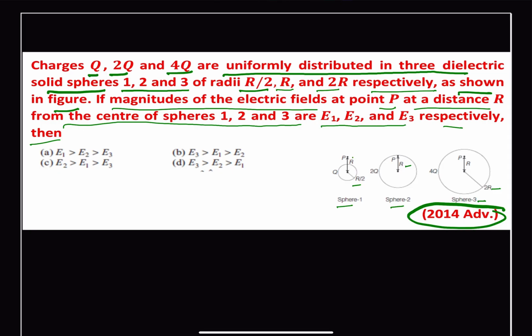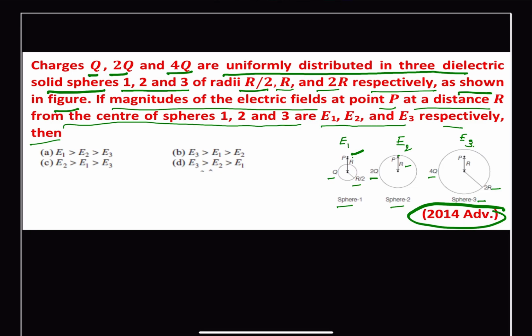So for sphere 1, point P will be outside, for sphere 2 point P will be on the sphere, and for sphere 3 point P will be inside the sphere, and the respective charges are Q, 2Q and 4Q. So here, for the first case the electric field is given as E1, for the second sphere it is E2, and for the third sphere it is E3.